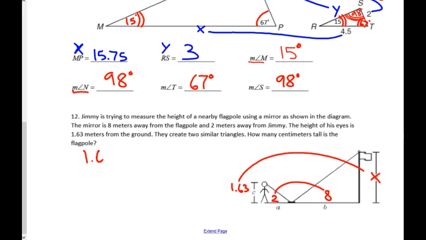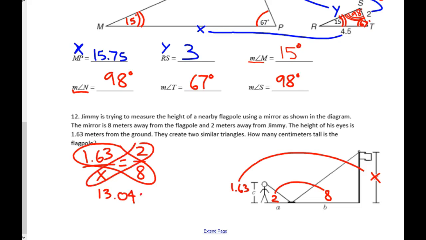So we make two fractions. 1.63 over X equals 2 over 8. Cross multiply. 1.63 times 8. That's 13.04 equals 2x. Divide by 2, and we get 6.52 equals x.